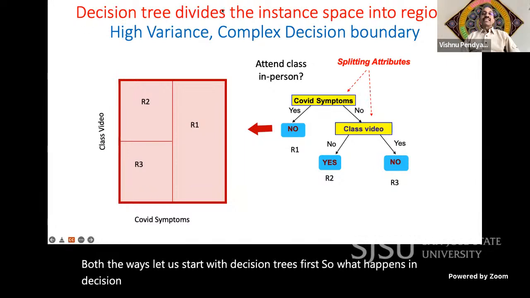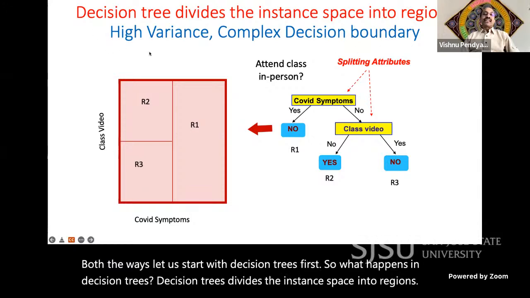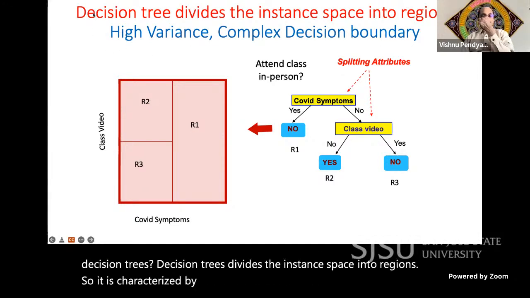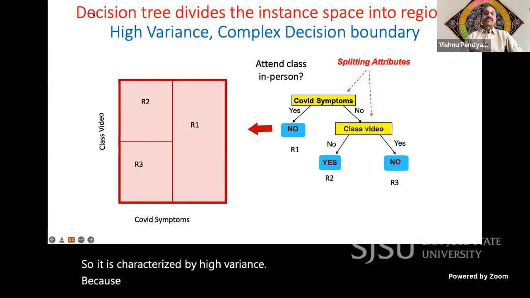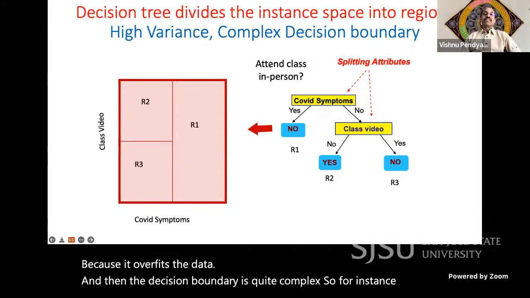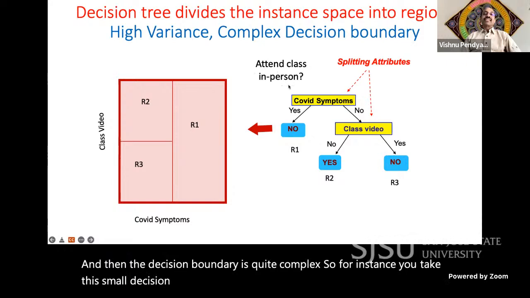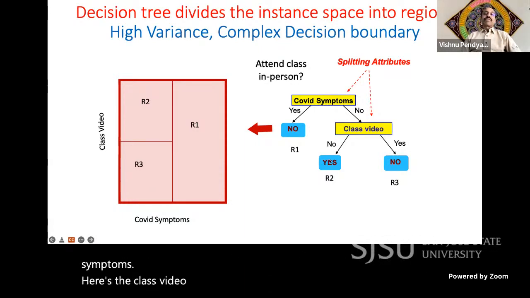A decision tree divides the instance space into regions. It is characterized by high variance because it overfits the data, and the decision boundary is quite complex. For instance, you take this small decision tree, attend class in person. If there are COVID symptoms, is the class video provided? If the class video is not provided, then you attend in person, things like that, right?